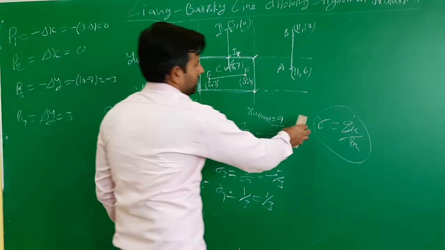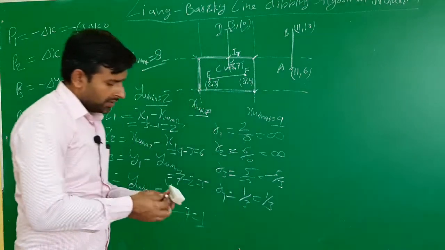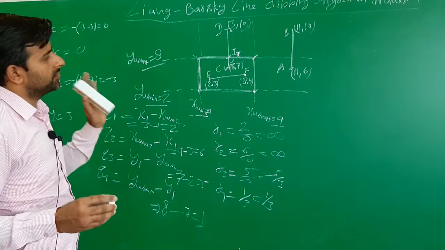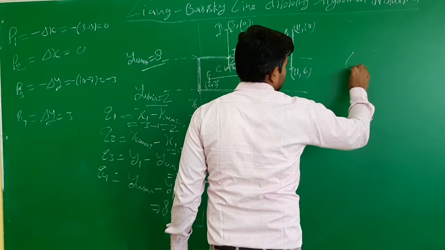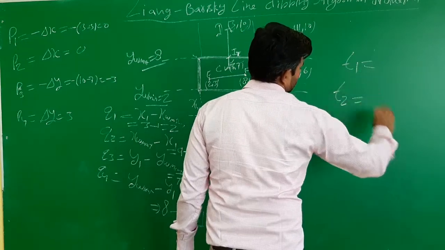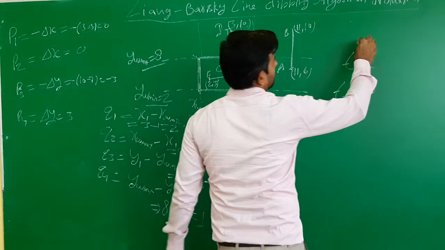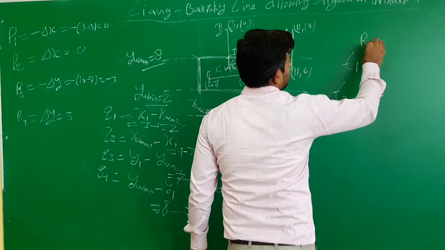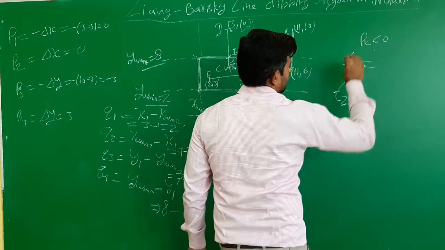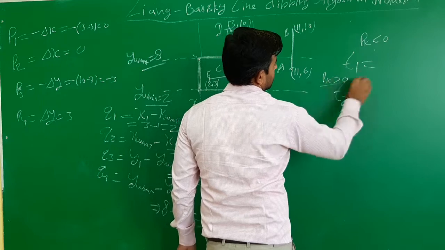Now from here we have to find two values, T1 and T2. T1 is for when Pk is less than 0 and T2 is for when Pk is greater than 0.